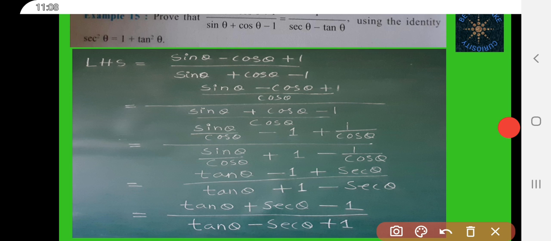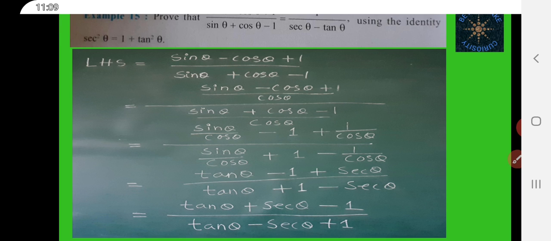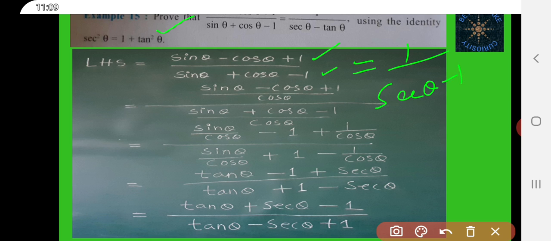See another example. Prove that sin theta minus cos theta plus 1 by sin theta plus cos theta minus 1 is equal to 1 by sec theta minus tan theta.